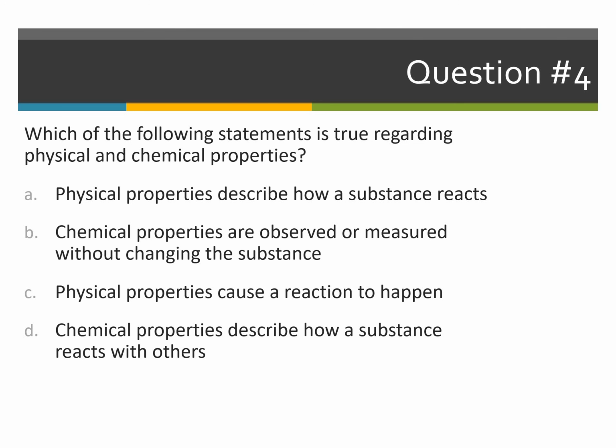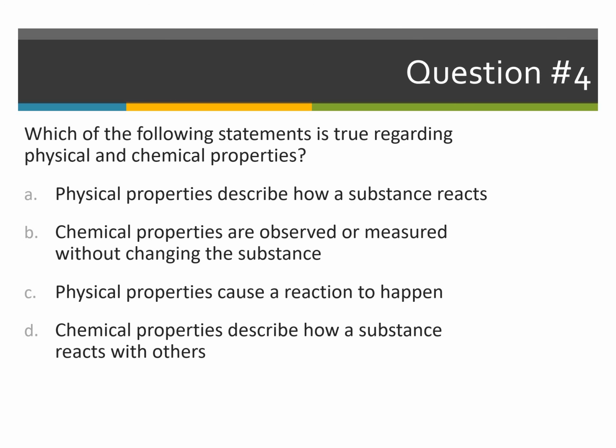Number 4, which of the following statements is true regarding physical and chemical properties? So once again, this is not on your packet, but take some time, read the answer choices, and try and figure out which statement is true. A, physical properties describe how a substance reacts.